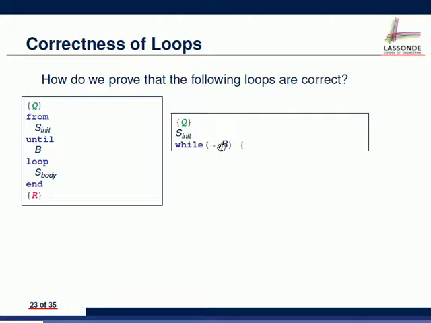You can see that I put a negation over there, because the meaning of the while loop is that as long as we are not going to exit, we stay in the loop and keep executing the body. That's why I put a negation there, right? And then you execute the body as many times as not B remains true, and then eventually you want to establish the postcondition R.